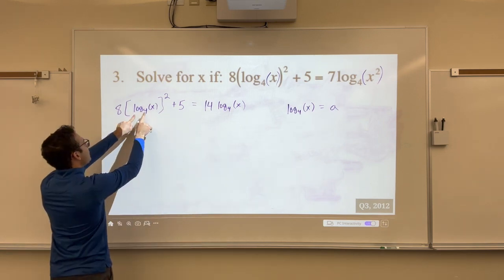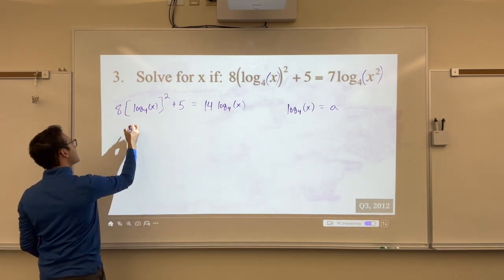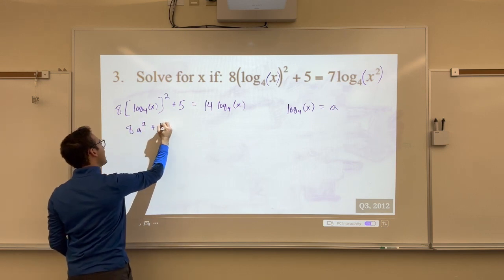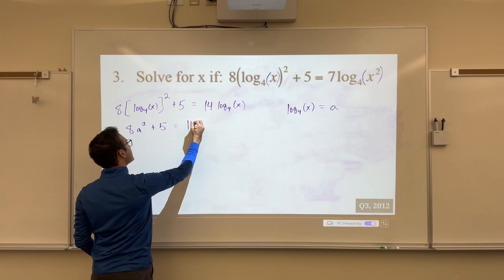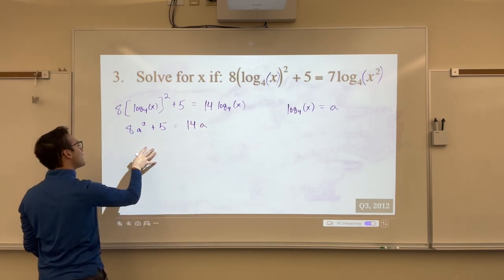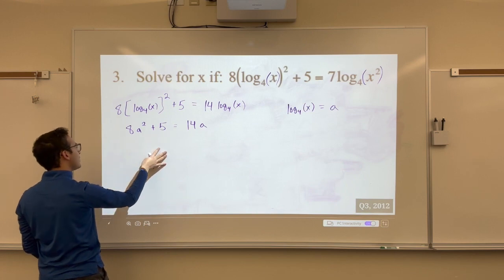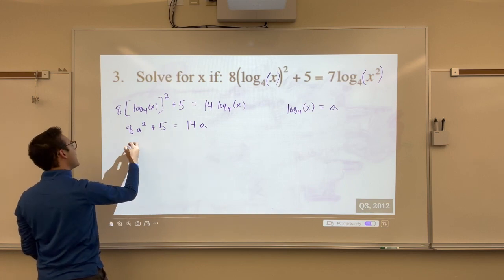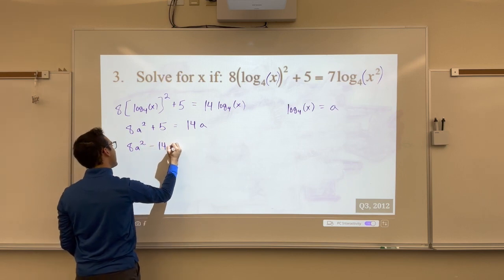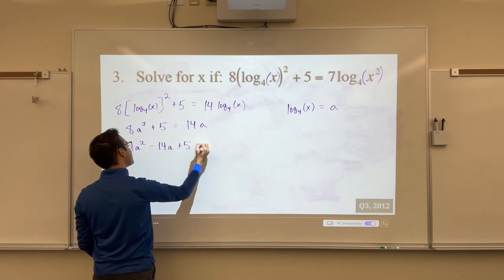So if the log base 4 of x is a, then we get the expression 8a squared plus 5 is equal to 14 times a. Now this just looks like a standard quadratic that we know how to solve. If we subtract the 14a, we get that 8a squared minus 14a plus 5 equals 0.